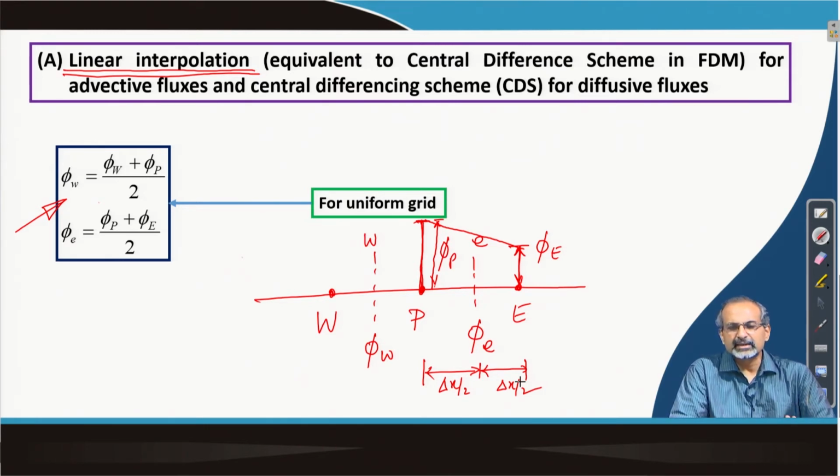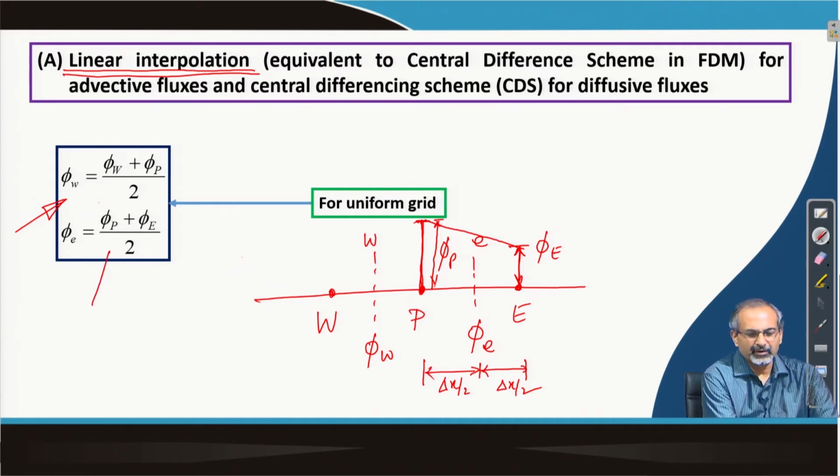So, if that is the case, even then you can very easily try to define phi e, for example, by having unequal lengths over here, separating the p from small e and small e to e, capital E. So, that can be a simple exercise for you.